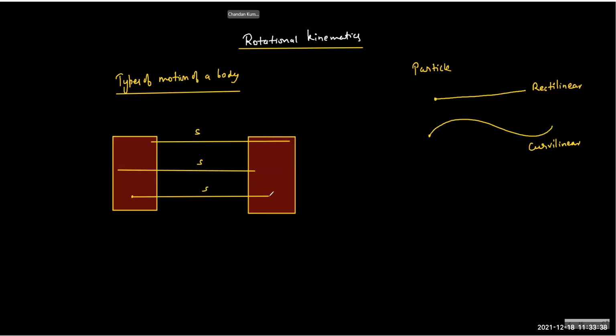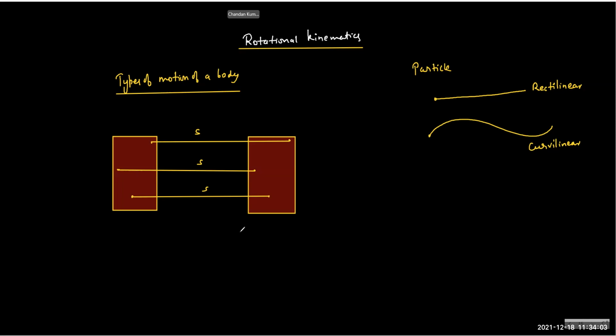I'm saying displacement is a vector quantity, right? So when we say a body is traveling rectilinearly, it means every point on the body is moving in a parallel path and they travel equal displacement in equal time interval, however small be the time interval. That's the core idea.